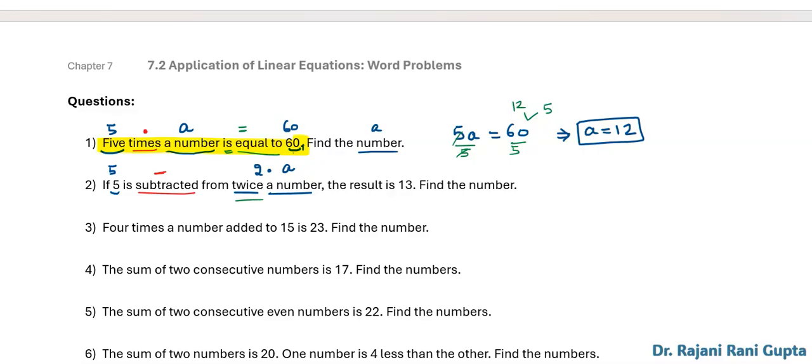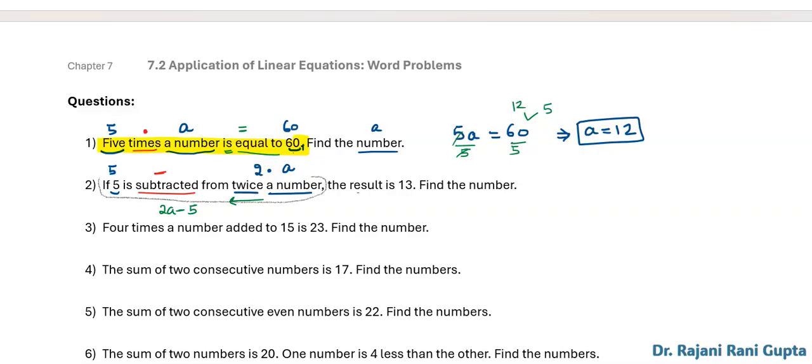This expression we always write from right to left. So for this part only, what do we get? 2a minus 5.